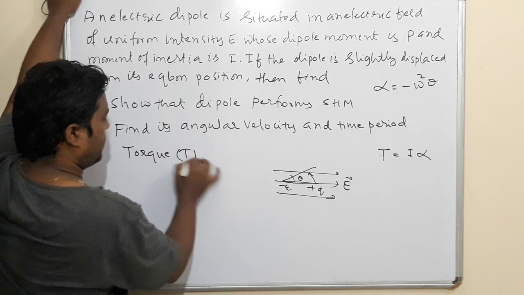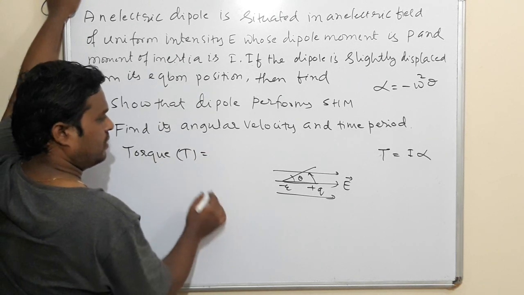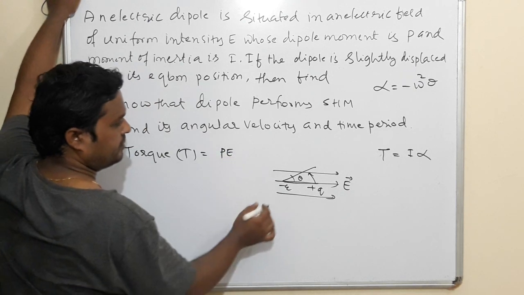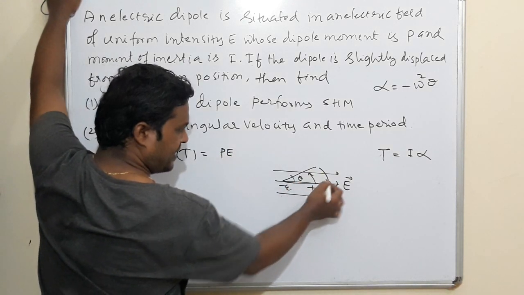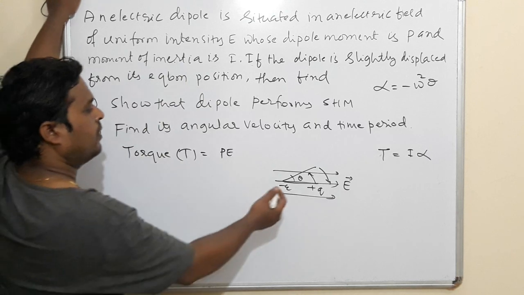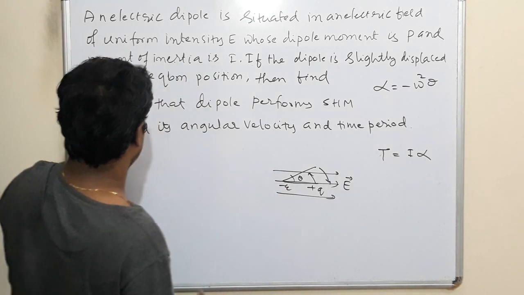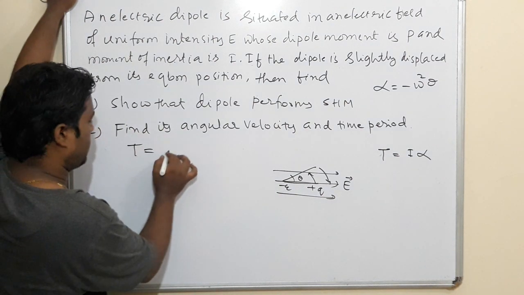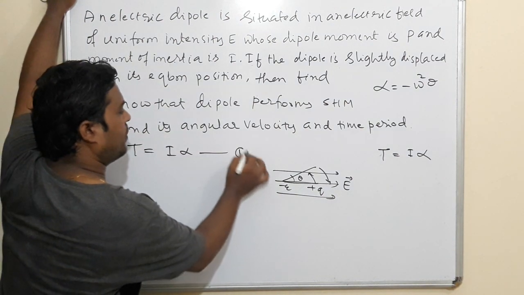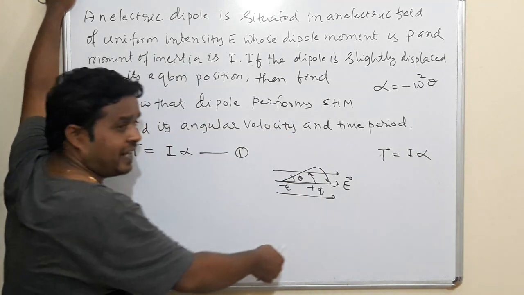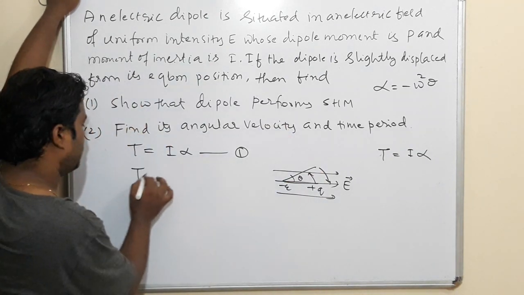So what is torque? That is P into E, which will be acting in this direction. Then whatever angular displacement I produced, because of that angular acceleration, this torque will be equal to I into alpha. That is one equation. And what is the torque that it brings back? What is the restoring torque?